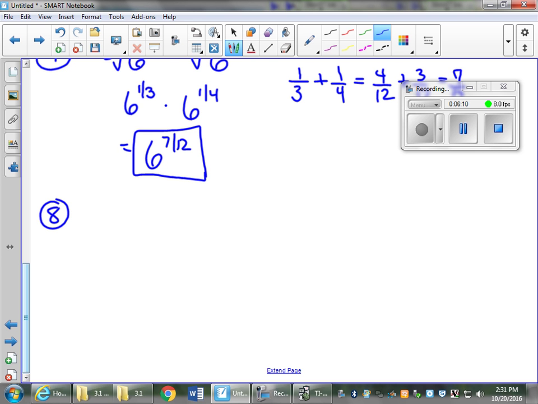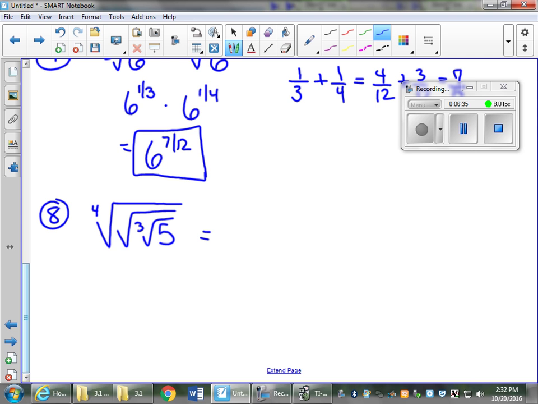All right, so for number 8, this one's going to look crazy: the 4th root of the square root of the cube root of 5. So we have a root underneath a root underneath a root. Looks scary, but once I show you how to break this up, it's not too bad. We're going to work our way from the inside to the outside and rewrite it in rational exponent notation.